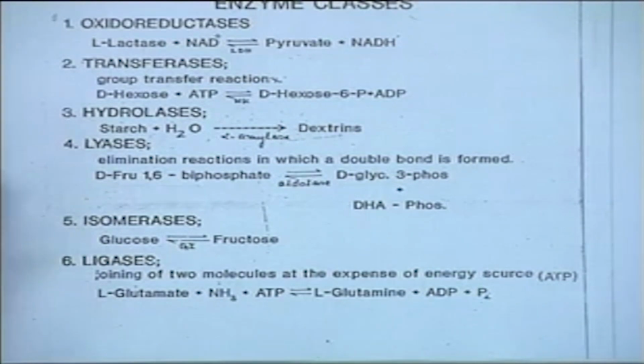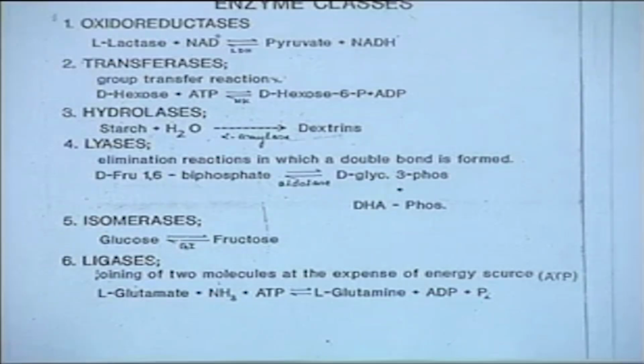Hydrolases are by and large the most commonly employed industrial catalysts, mainly because of the simplicity, because the co-substrate is water, which is present in large quantity, and one can use them for hydrolytic reactions. By changing the bulk environment, the hydrolases can be tailored to be used for synthetic reactions as well. Then lyases, some kind of additive enzymes, which catalyze elimination reactions that result in double bond formation.